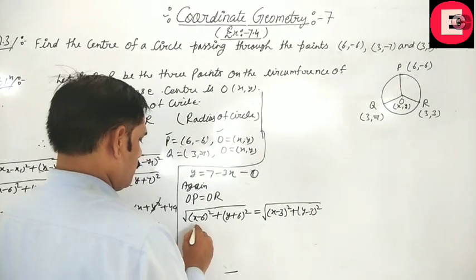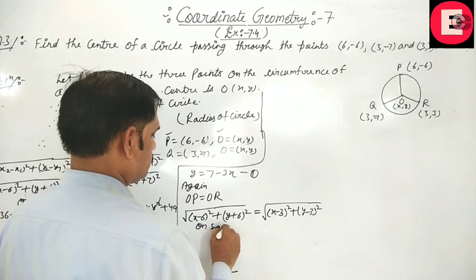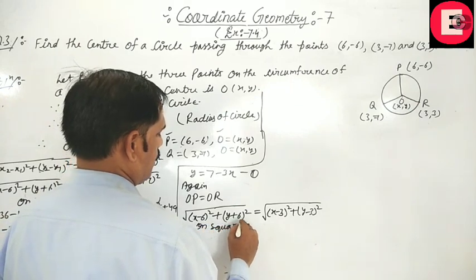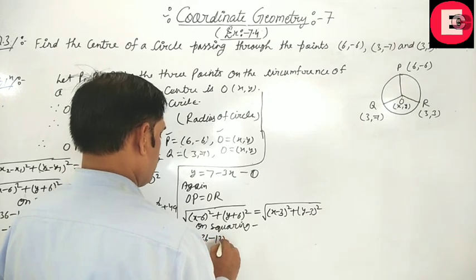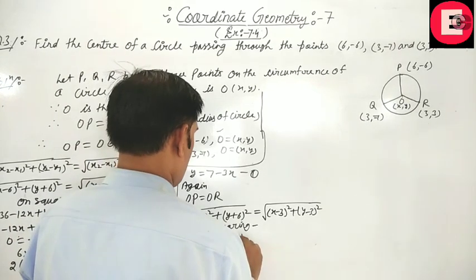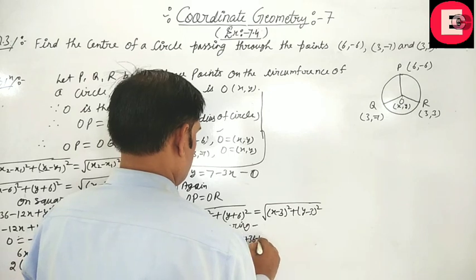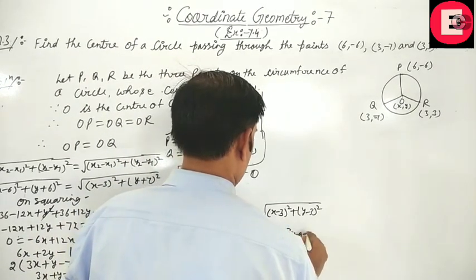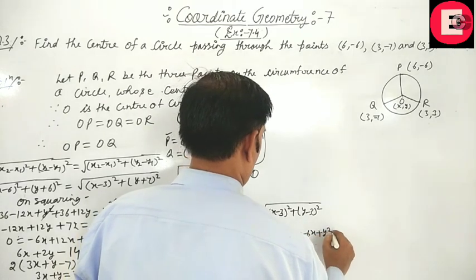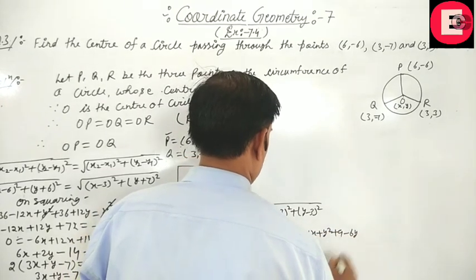On squaring, x square plus 36 minus 12x plus y square plus 36 plus 12y, which is equal to x square plus 9 minus 6x plus y square plus 9 minus 6y.